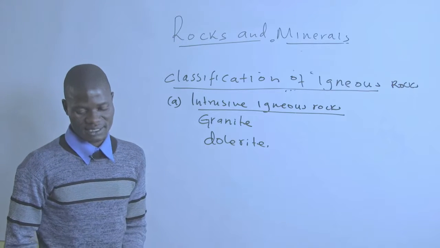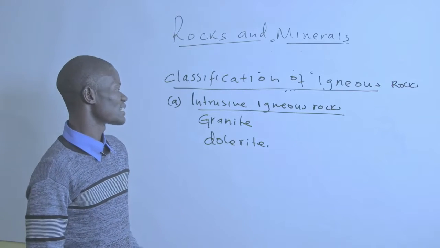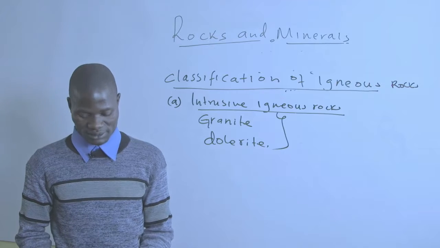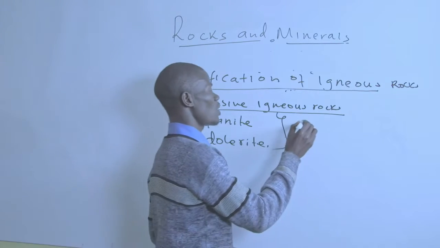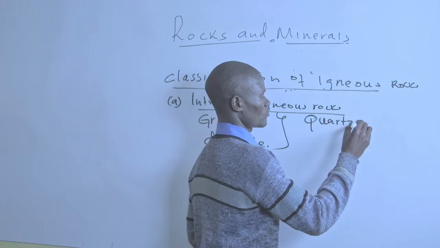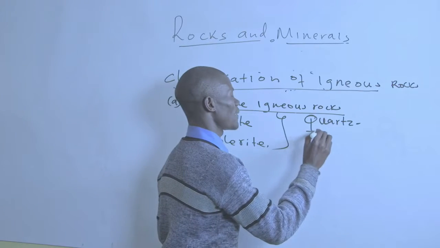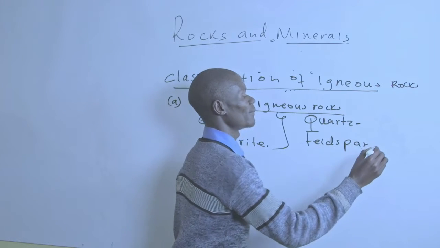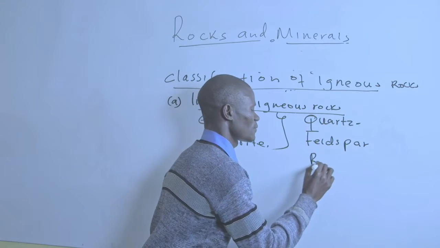When we look at granite and dolerite, they contain 3 minerals which give their characteristics. One mineral is quartz, the second mineral is feldspar, and the third one is biotite.